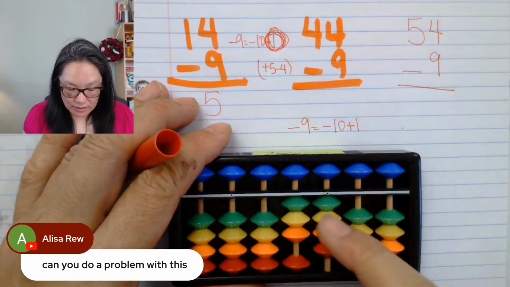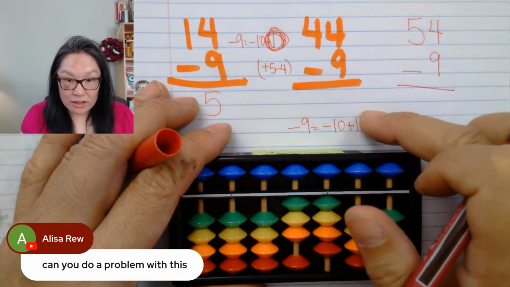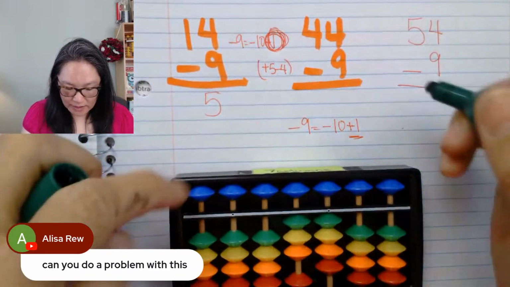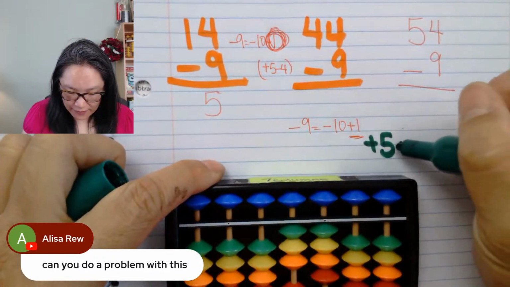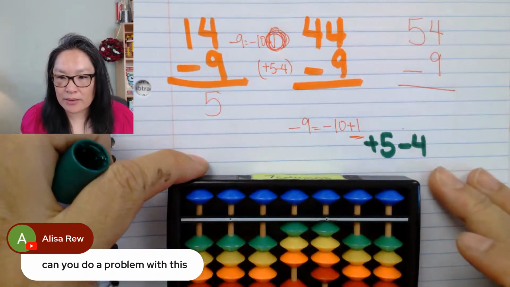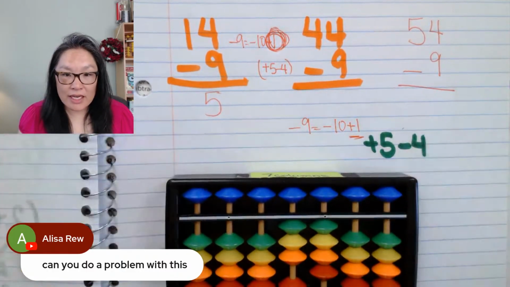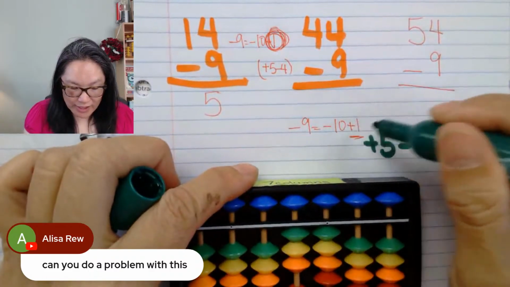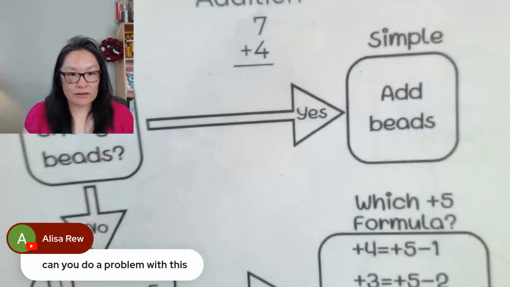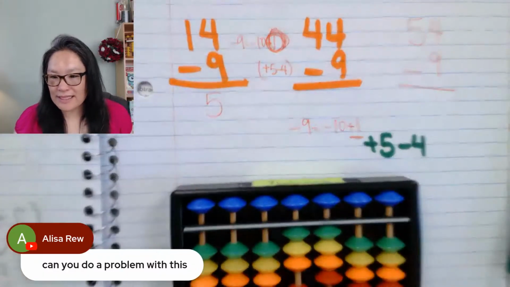So we minus the 10 and plus the 1. Plus the 5 minus 4. It's just showing how to. Abacus on YouTube. Oh, it's just showing you the breaking out, just as I have here, right? It's the same thing.